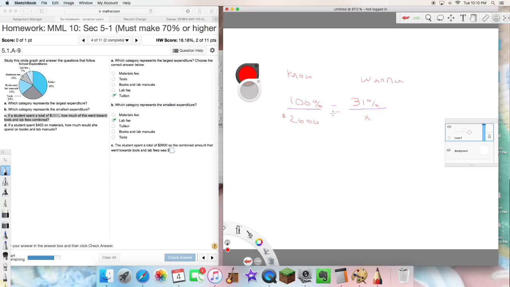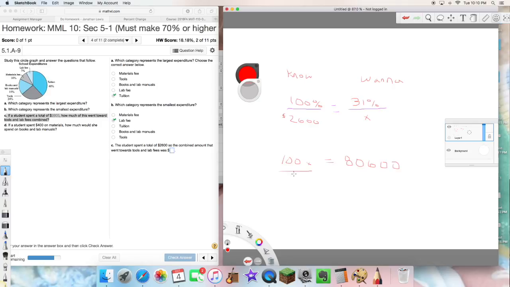If you want to change 100% to the number 1 and 31% to 0.31, you can, but it's not necessary. All right, so now that we're setting up a proportion, we cross multiply and divide. 100 times x gives me 100x, is equal to 31 times 2,600, so 2,600 times 31, and I get 80,600.